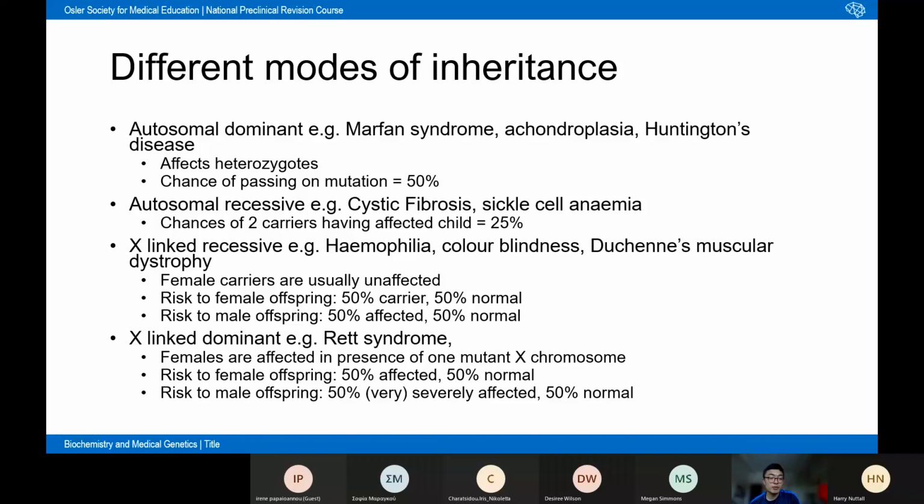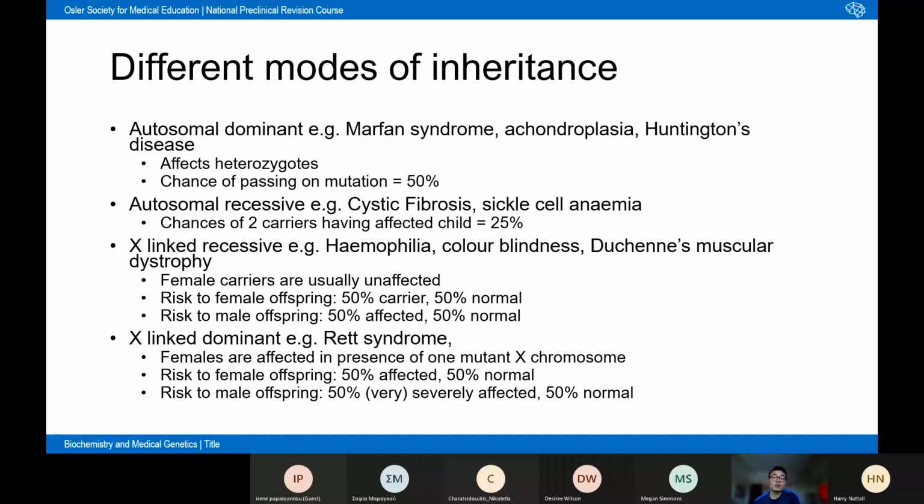Secondly, with autosomal recessive conditions, these include cystic fibrosis and sickle cell anemia. This is when 2 copies of an abnormal gene are required for the disease to occur. This is often associated with consanguinity, which means breeding between people who share an ancestor, namely people who are related.